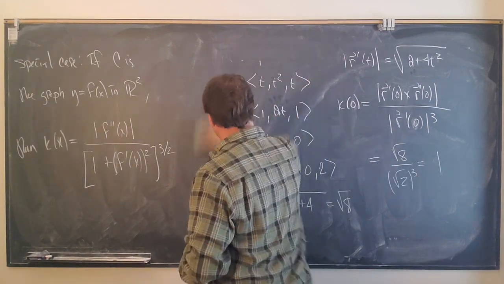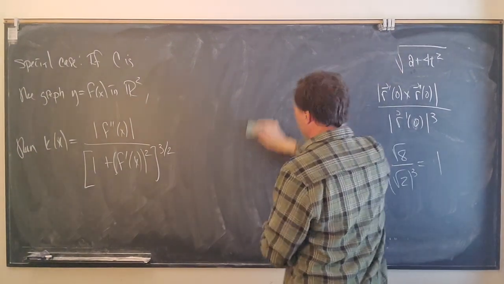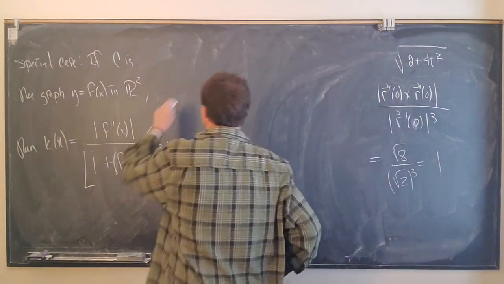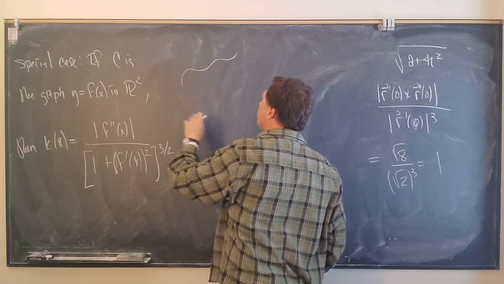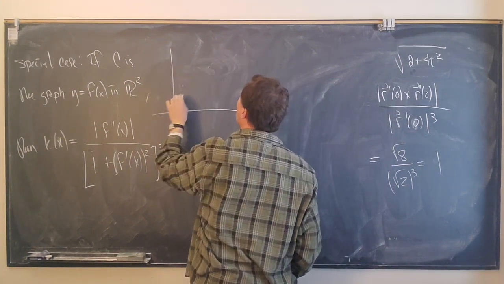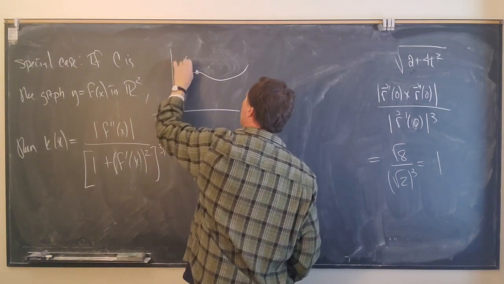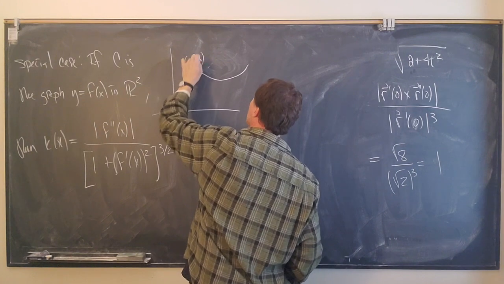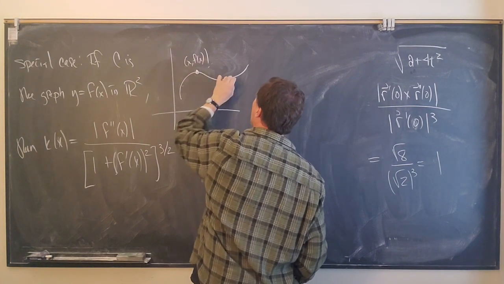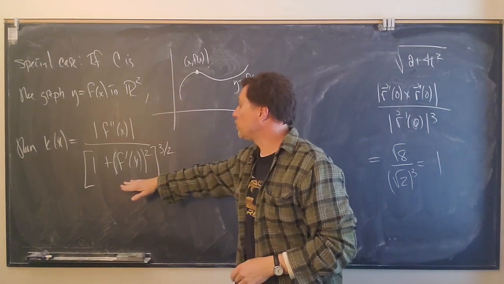So here's the idea now. We have these general formulas that allow us to compute it. If you have some curve, let's draw a better looking graph. That was much better. So if we have some point x comma f of x on the graph y equals f of x, then you can compute the curvature using this formula right here.